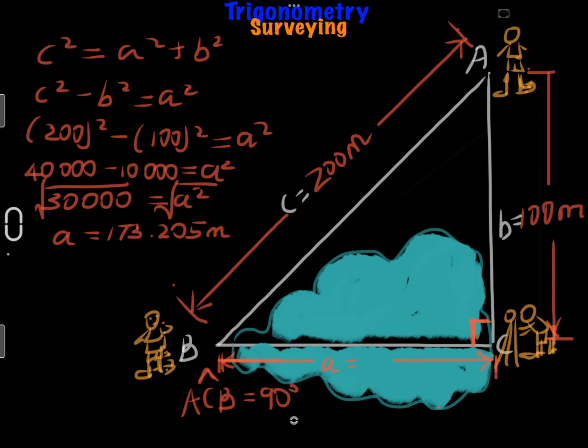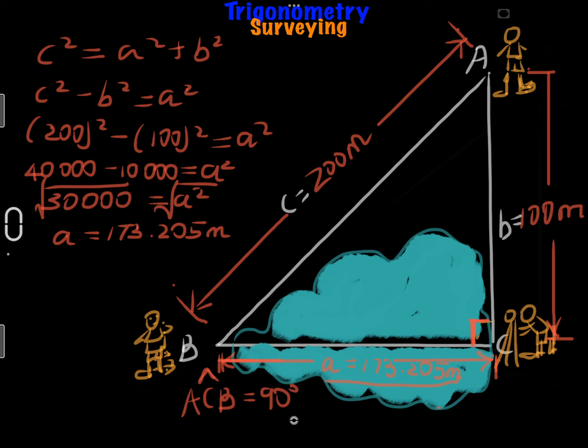So essentially what this means is that a is 173.205 meters. That's the distance of B to C.